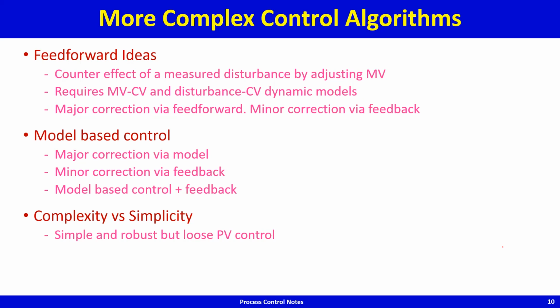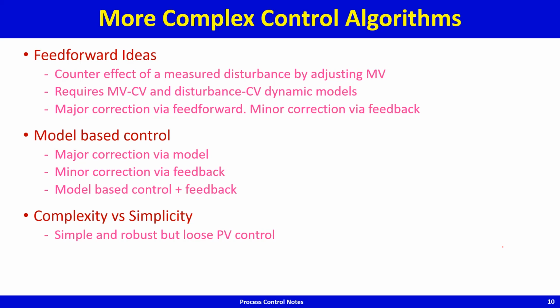So control benefit comes at the expense of increased complexity, and if you don't harness the complexity properly, you may end up in a situation where the more complex control algorithm actually performs poorly, and then you say, oh, the model was not right, oh, my tuning was not right, oh, maybe there is a non-linearity in the process system that my model does not account for.